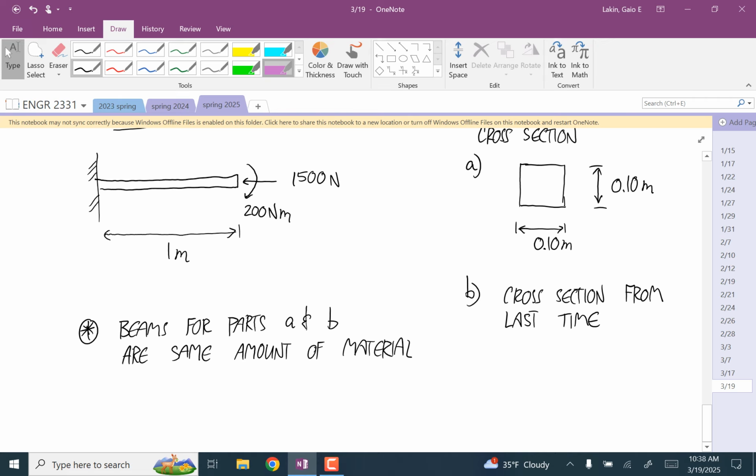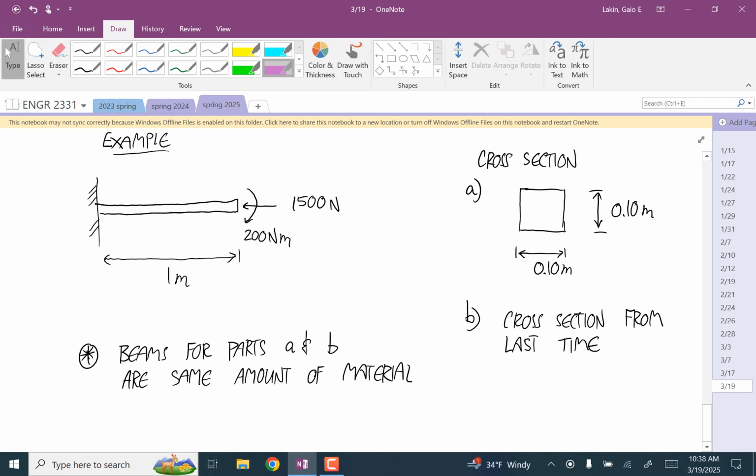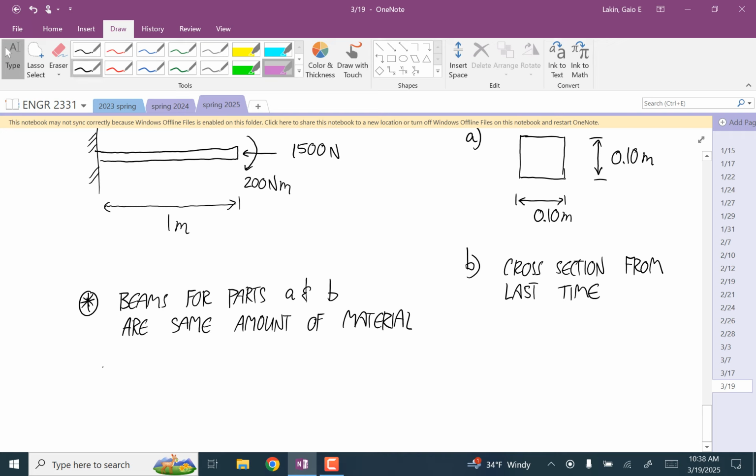And let's say that we want to calculate the stress in the center of the beam. It actually doesn't vary by X in this case, but at the top of the cross section.